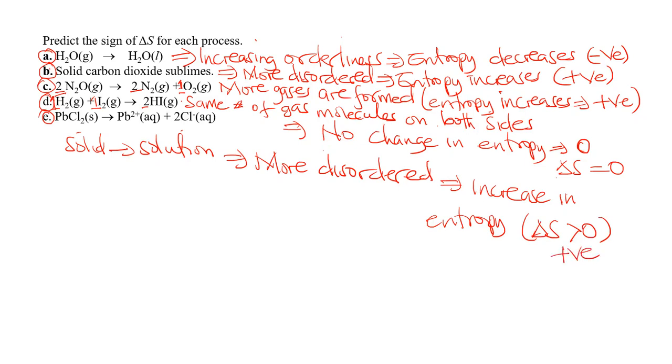So we can say that for this one, the sign that we want is here. We have negative sign, positive sign, also positive sign here, no change here, and positive sign for this problem. Let's move on to the next problem.